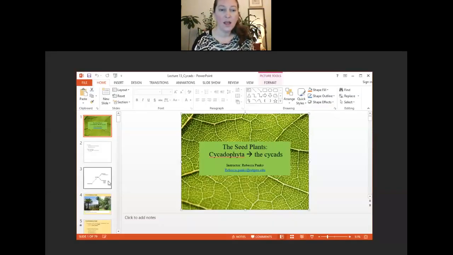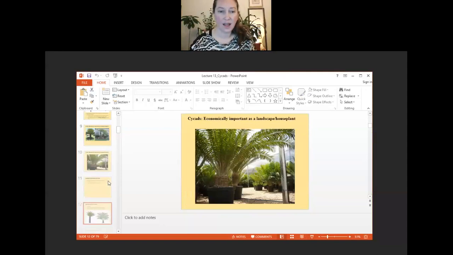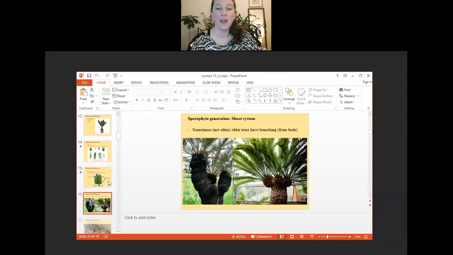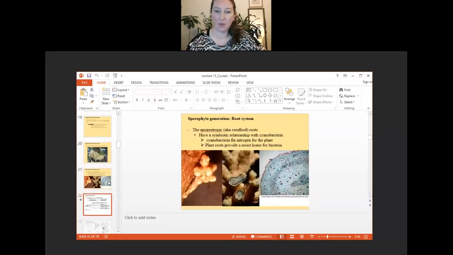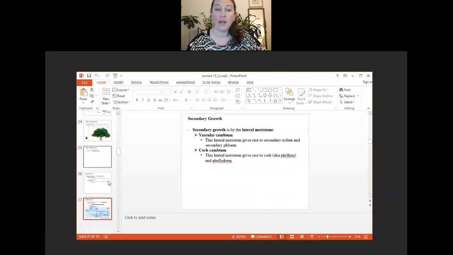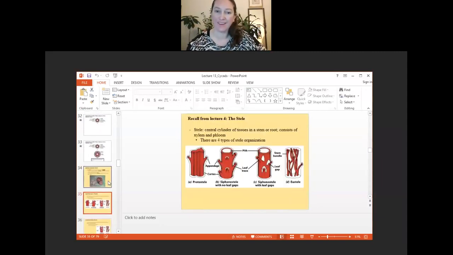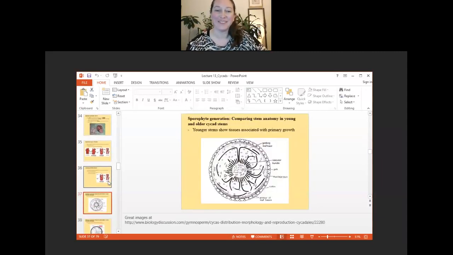So we covered a lot of the cycads last time. Remember the plants, that's just dinosaurs ate different aspects of the sporophyte plant. We talked about primary and secondary growth, which is my favorite topic. No, not really.